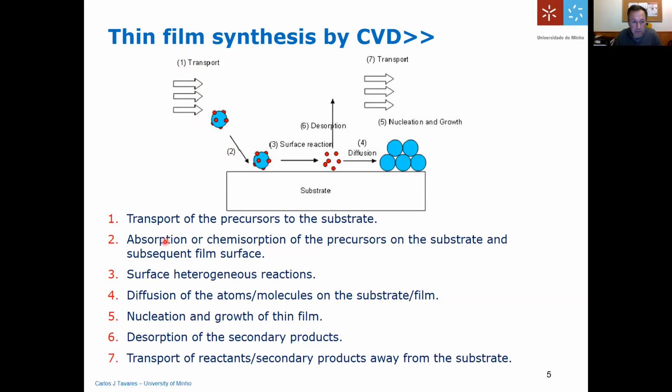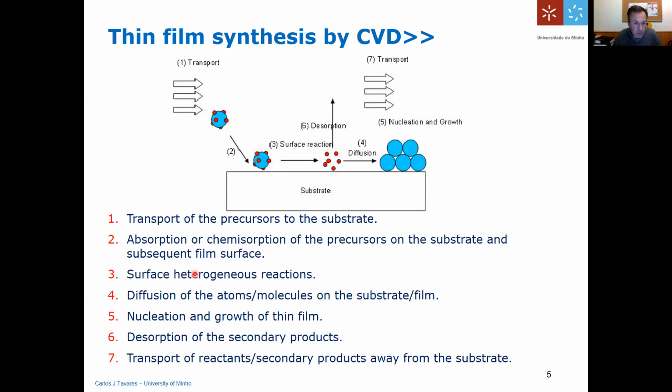Then there should be some absorption or chemisorption kinetics of the precursors on the substrate and the subsequent film formation. You need to have some kind of a way to produce this absorption or chemisorption, for example, through previous generation of radicals on the surface of your substrate.